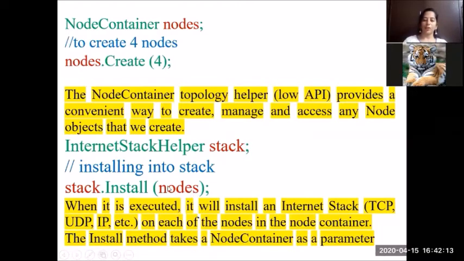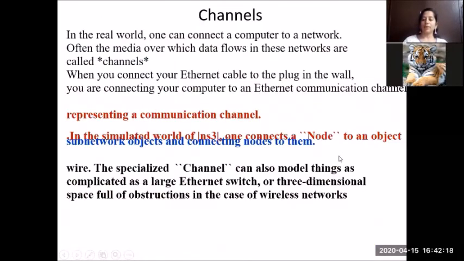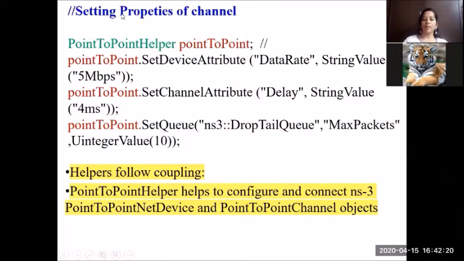Where should I install the stack? On all the nodes. Next, channels. We have to create channels. Point-to-point channel we are going to use between each pair of nodes. So for that, I'm going to use a point-to-point helper and declare an object of type point-to-point. And from that object, I will be able to set device attribute, which is the data rate, to 5 Mbps, channel attribute, which is the delay, to 4 milliseconds, and queue size to 10 packets.